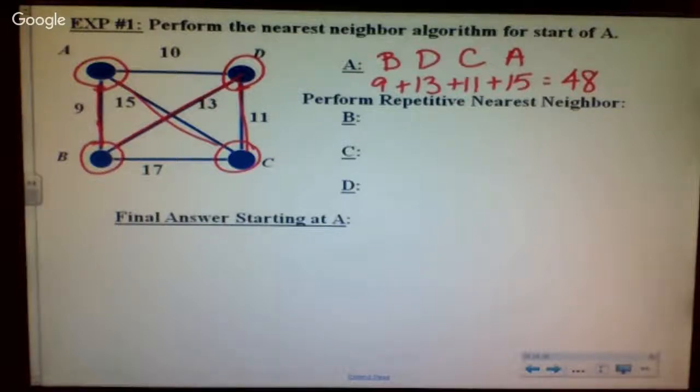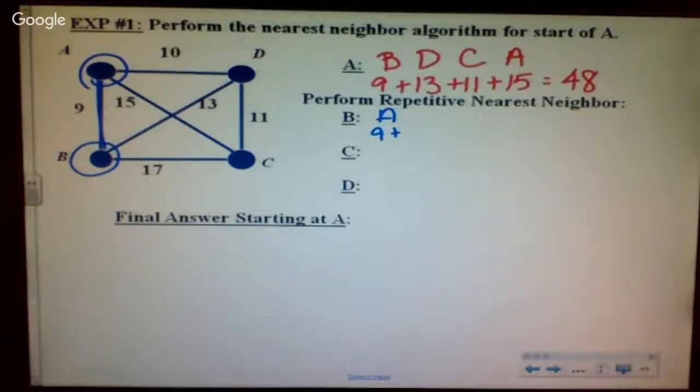Because we're unsure if that's the most optimal, we're going to do it again. But this time, I'm going to pick B to start at. Okay? So if I start at B, you said my nearest neighbor was A. Okay, so B to A, that's 9. If I'm at A, my nearest neighbor then is D. 10.